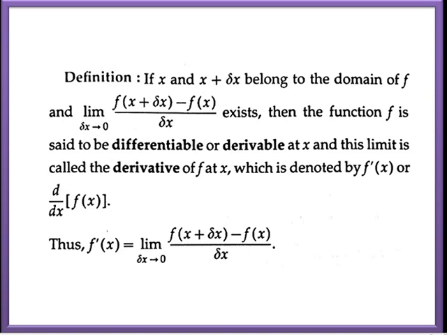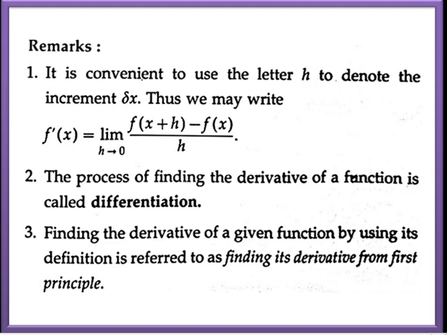It is the value of the limit of f of x plus delta x minus f of x upon delta x as delta x tends to 0. It is convenient to use the letter h to denote the increment delta x. So we can write this as f dash of x equal to the limit of f of x plus h minus f of x upon h as h tends to 0.